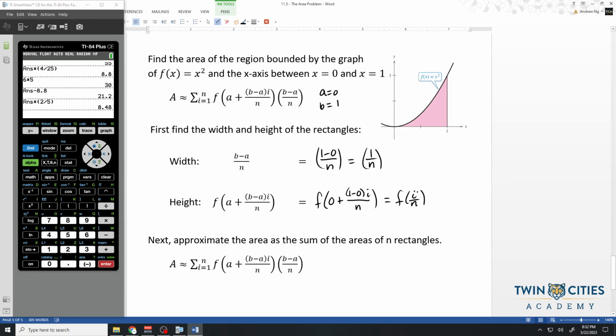The function evaluated at i over n. So I go back to my function here. My function is x squared. So I plug in i over n for x, and that'll give me i squared over n squared. This is the height.